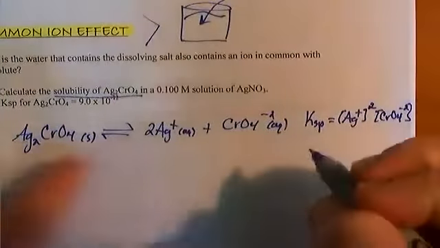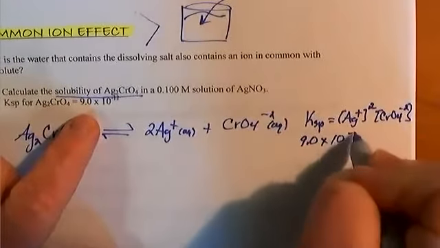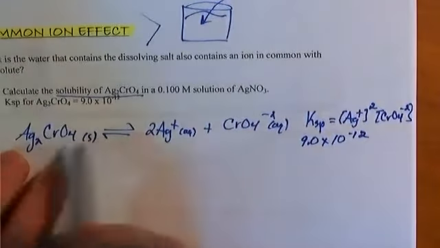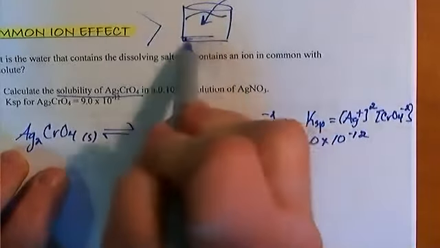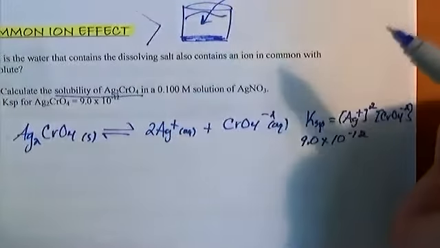Okay, and we're given our KSP, which we know will be such a small value, 9 times 10 to the minus 12. Okay, so we understand that we have this in our solution, and we could visualize that it's going to be an insoluble solid, a solid that has fallen to the bottom.